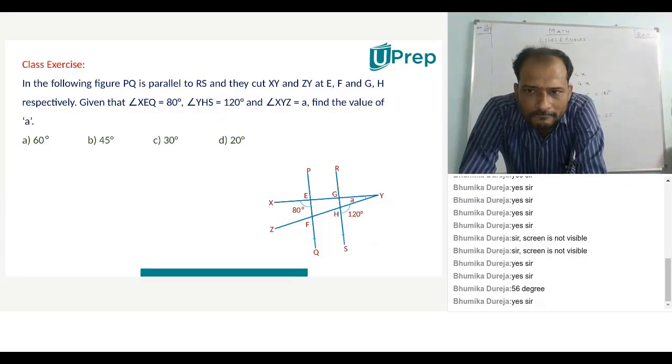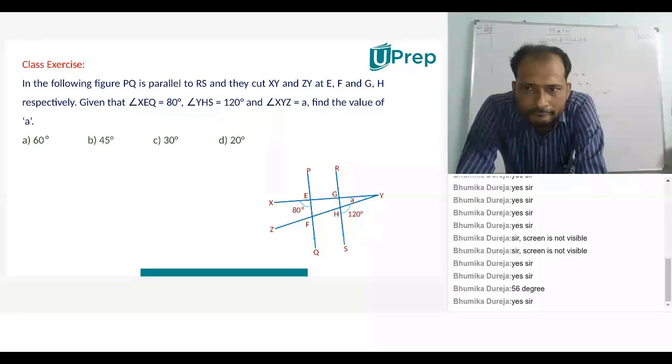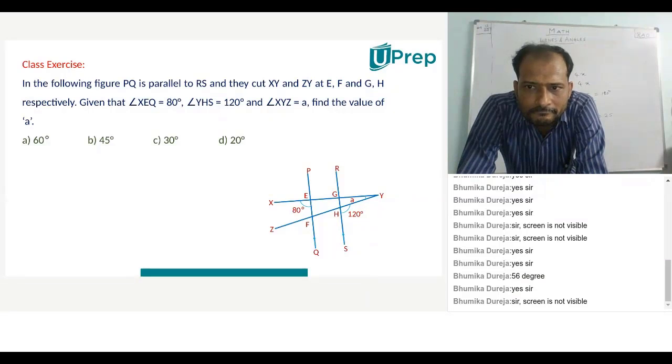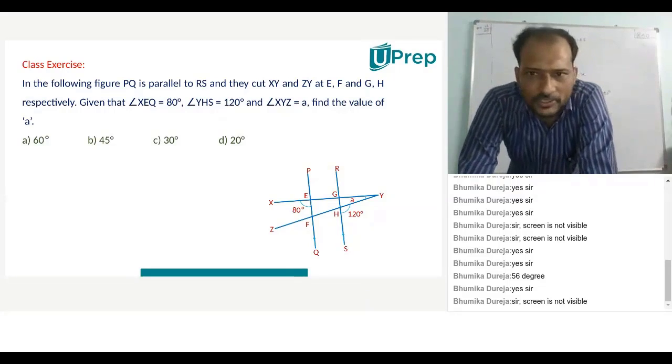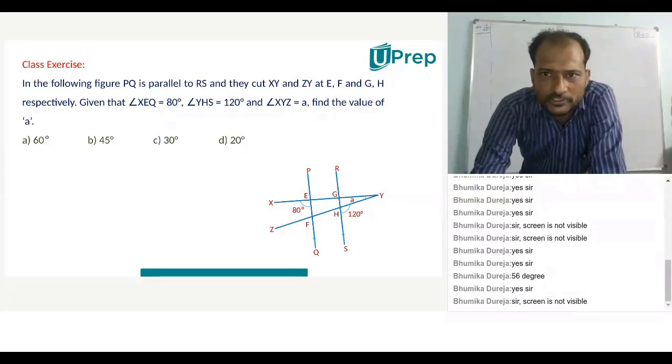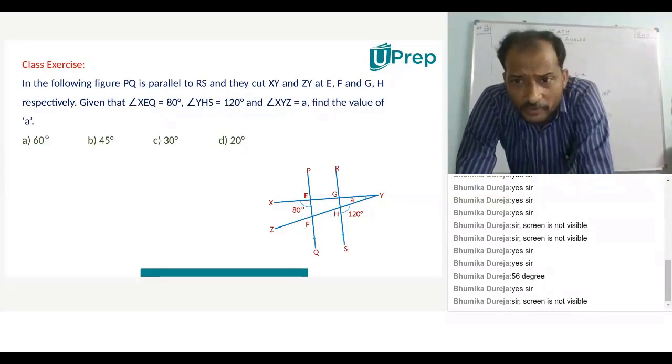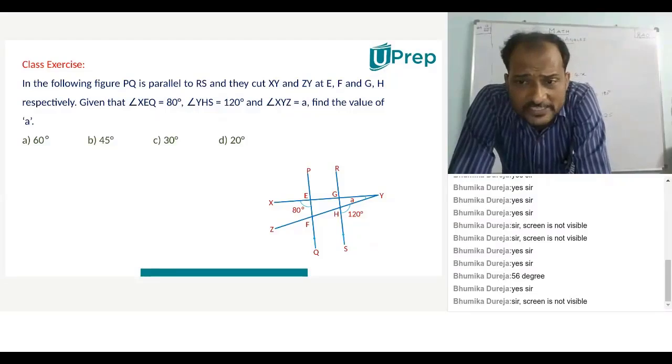Yes, sir. Tell me. Sir, D. Yes, you are absolutely right. So option D, 20. How did you get that? Can you please tell me?